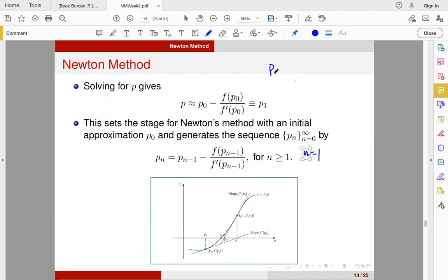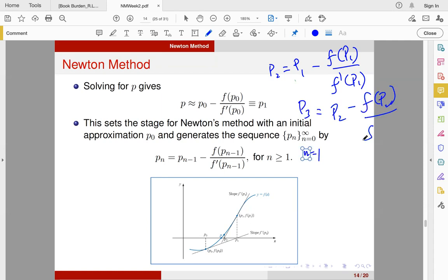And then for p2, you repeat the same: p1 minus f(p1) over f'(p1). Then you have p2. And then for p3, you do the same: p2 minus f(p2) over f'(p2).